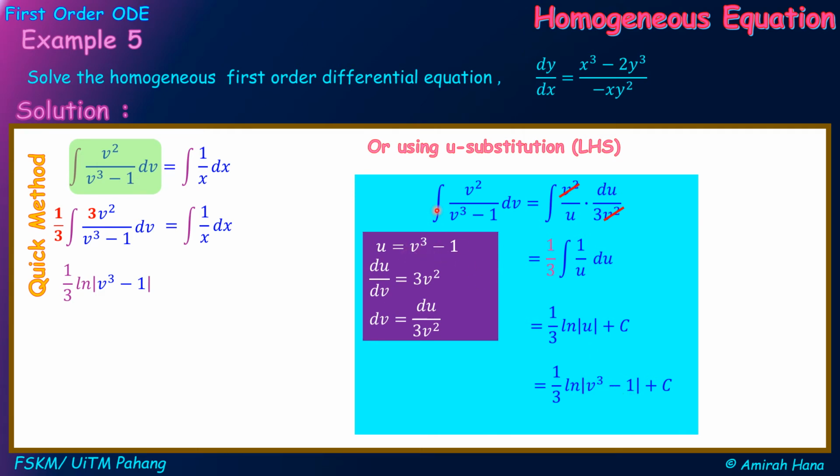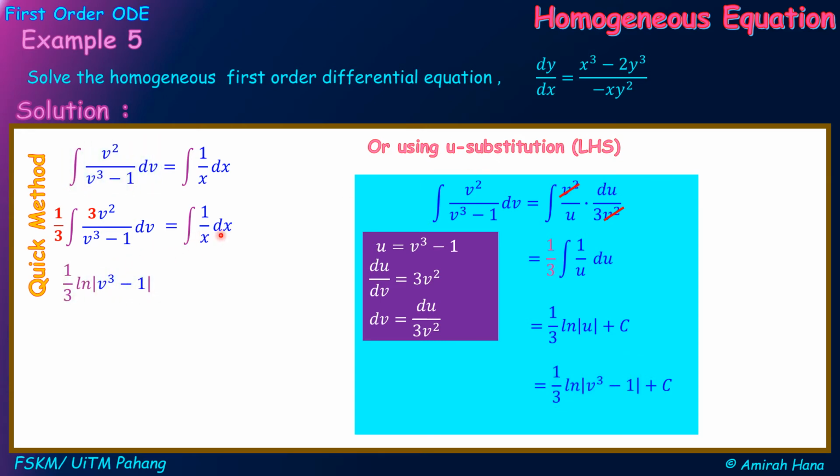So the answer when we integrate v squared over v cubed minus 1 dv equals 1 over 3 ln modulus v cubed minus 1 plus c. Okay? Okay, then we can compare with this. Okay? The answers are equivalent. So to integrate the left-hand side function here, we can use either the quick method or u substitution. Alright?